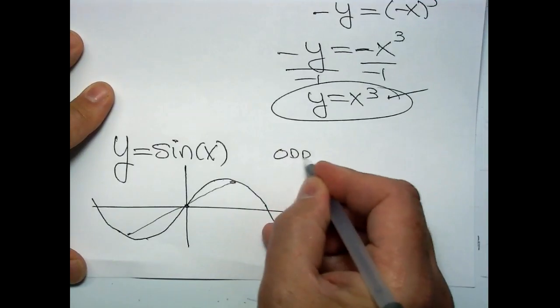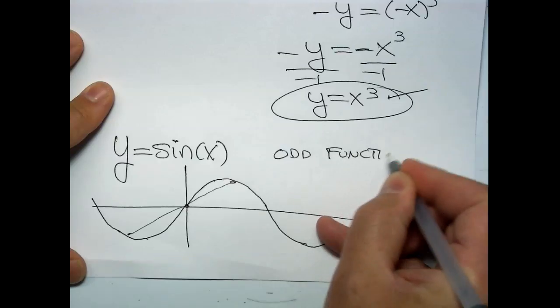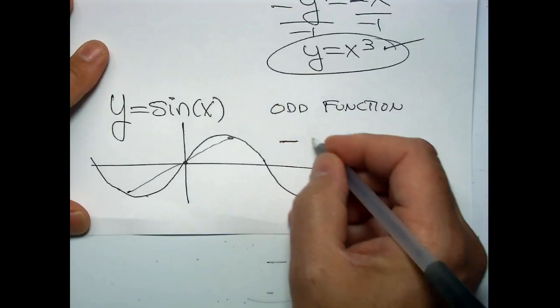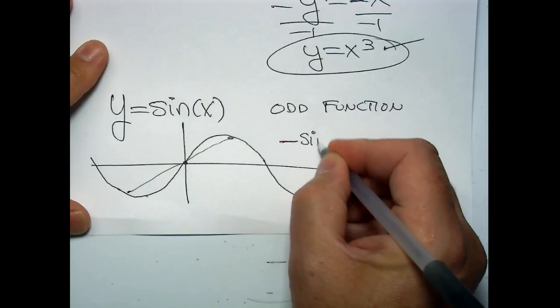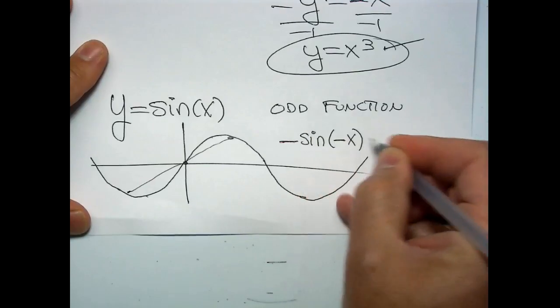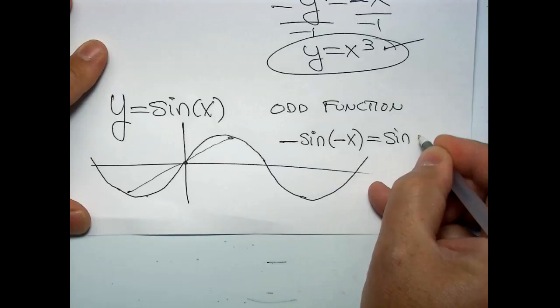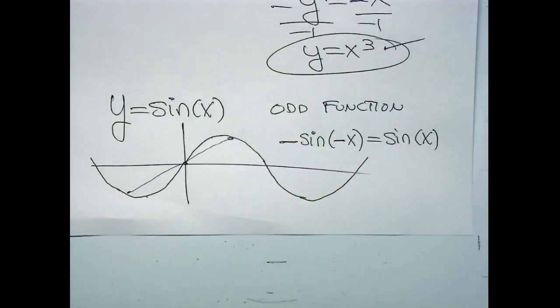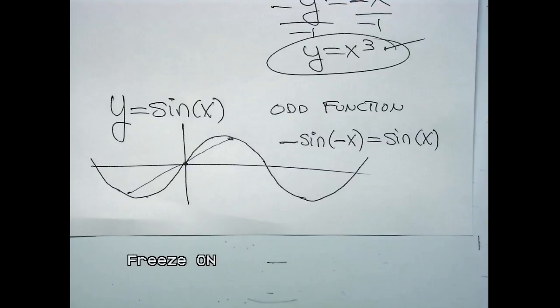This is definitely an odd function. And what that means, there's an implication here. That means that minus the sine of minus x is the same as the sine of x. That's another thing you can test, but it's true because it is an odd function or origin symmetric.